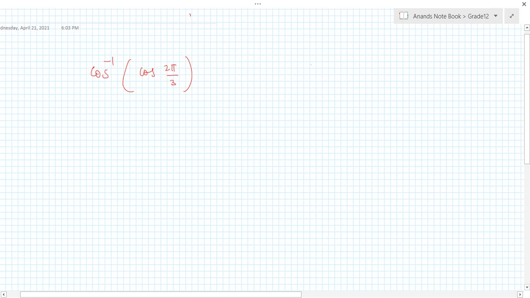So we'll say, I have a property: cos inverse of cos theta is equal to theta, provided that theta belongs to this interval for cos. So here our theta is 2 pi by 3, and 2 pi by 3 belongs to this interval, so we can say that the answer for this is 2 pi by 3. Correct, no guys?